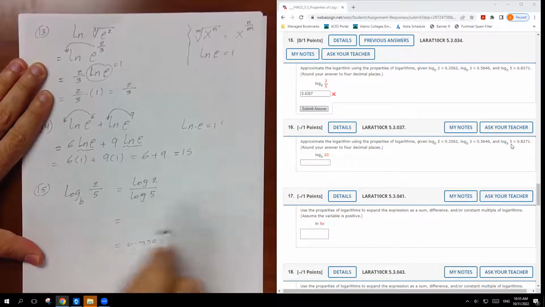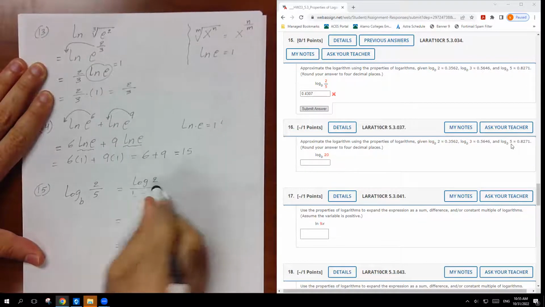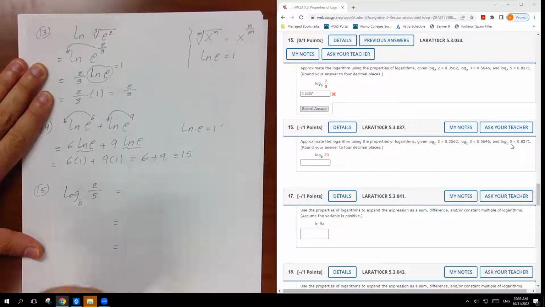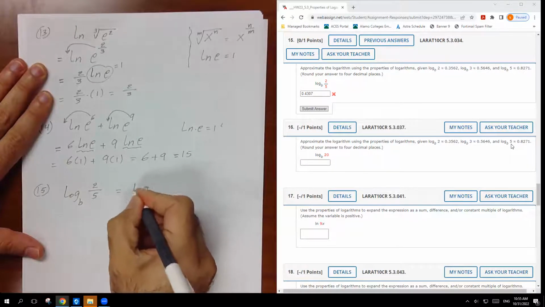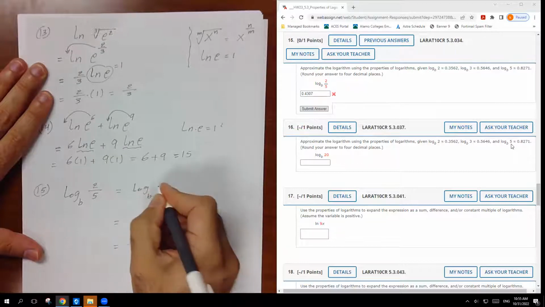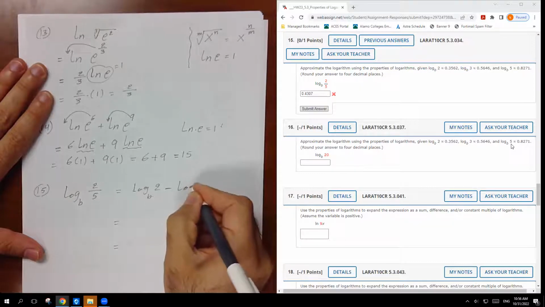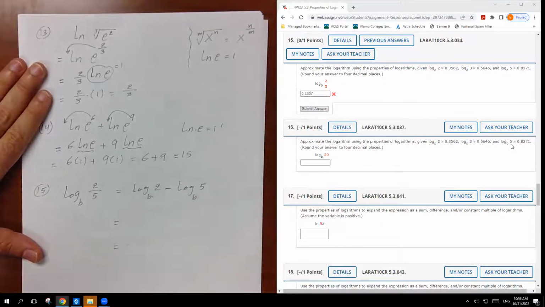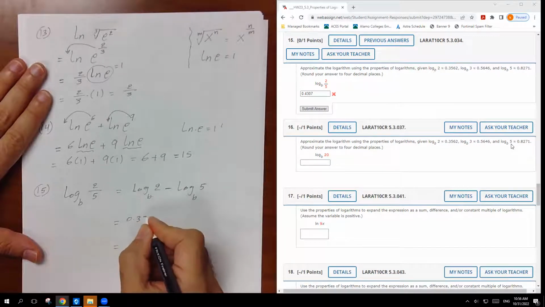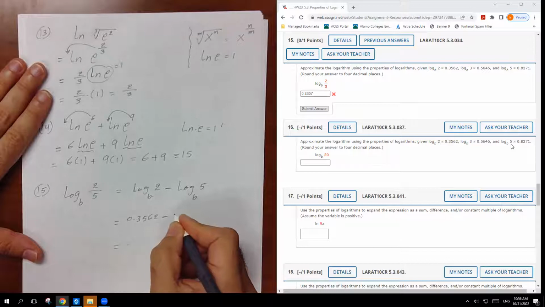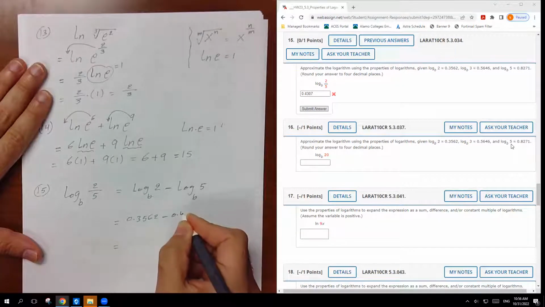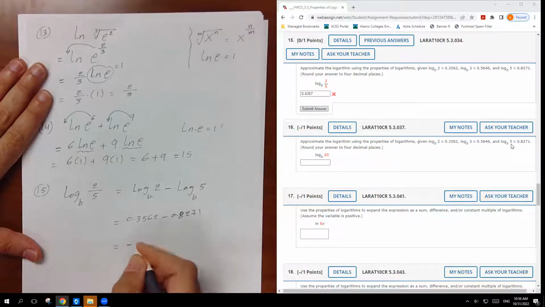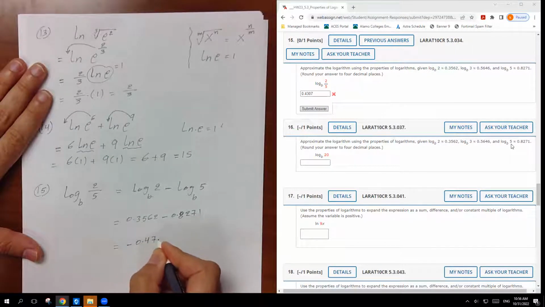So what I'm going to do, I'm going to use the other property, which is the quotient property. So I'm going to say this one is equal to log to the base b of 2 minus log to the base b of 5, which is equal to 0.3562 minus 0.8271, and the result is going to be negative 0.4709.